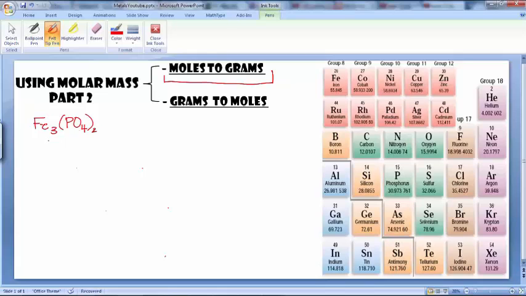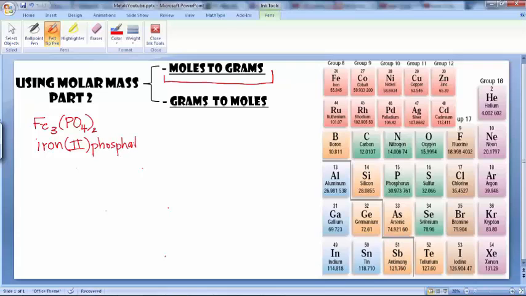Now, as I reminded you in the last video, this is a part of the same chapter when we did naming compounds, and this is called what? Take a second to think. This is iron. Is this iron 3? No, this is iron 2 phosphate.